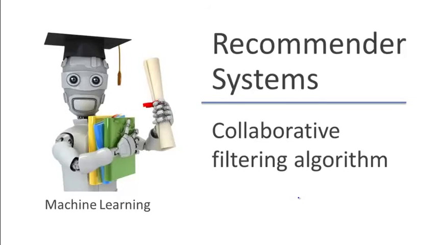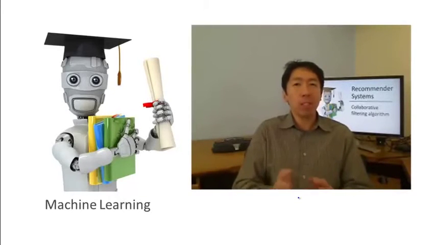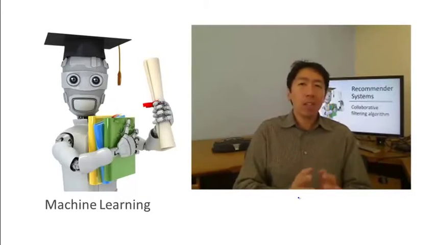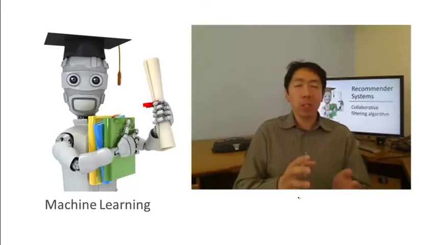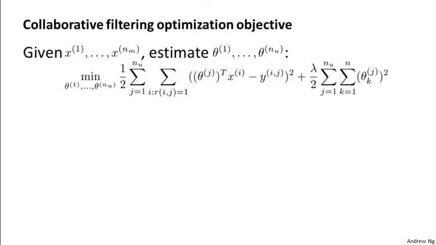In the last couple of videos, we talked about the ideas of how, first, if you're given features for movies, you can use that to learn parameters theta for users. And second, if you're given parameters for the users, you can use that to learn features for the movies. In this video, we're going to take those ideas and put them together to come up with a collaborative filtering algorithm. So one of the things we worked out earlier is that if you have features for the movies, then you can solve this minimization problem to find the parameters theta for your users.